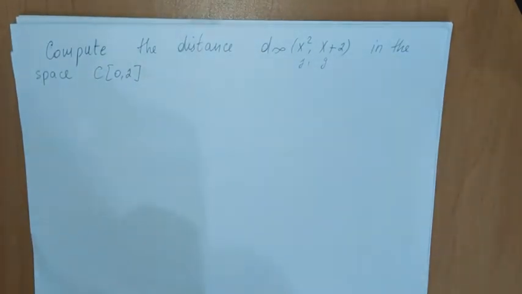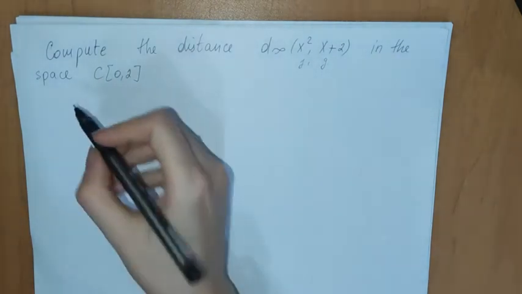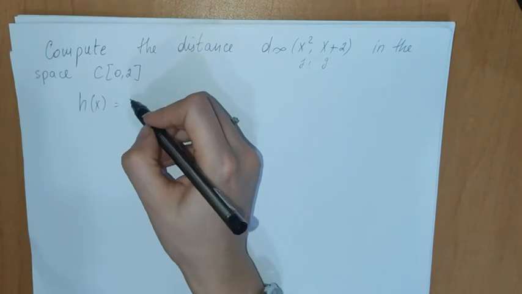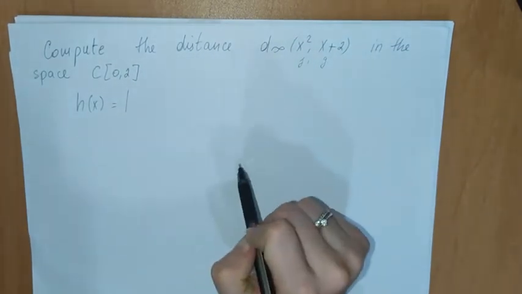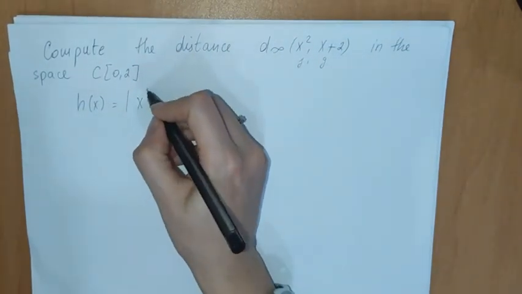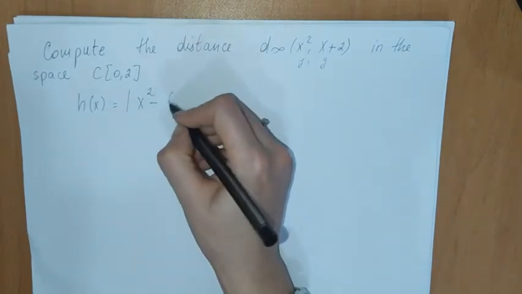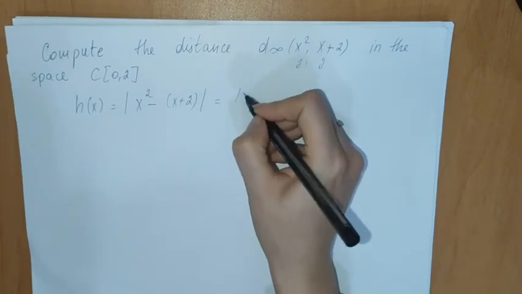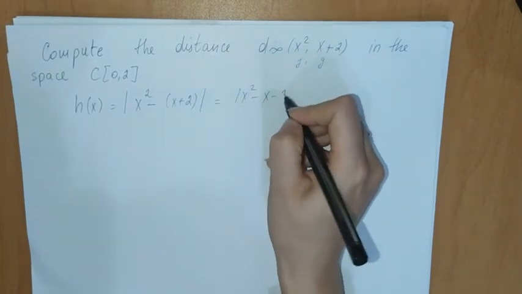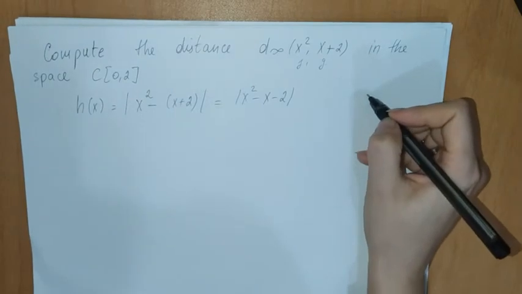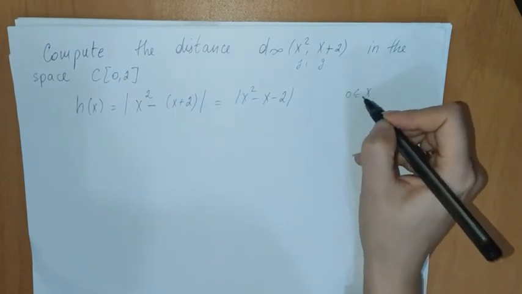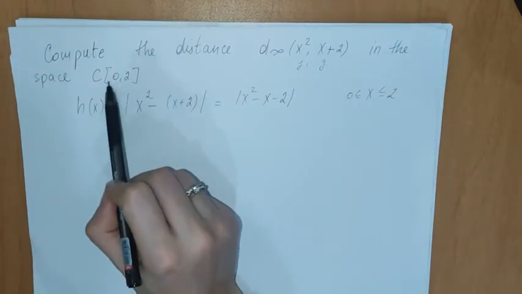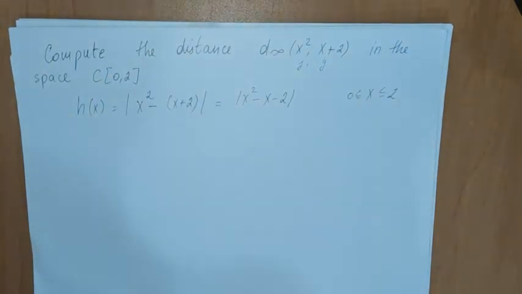We need to compute the maximum value of the function h(x) equal to the modulus of f minus g, x squared minus x plus 2, which is the modulus of x squared minus x minus 2, for all x between 0 and 2, because our interval is between 0 and 2.